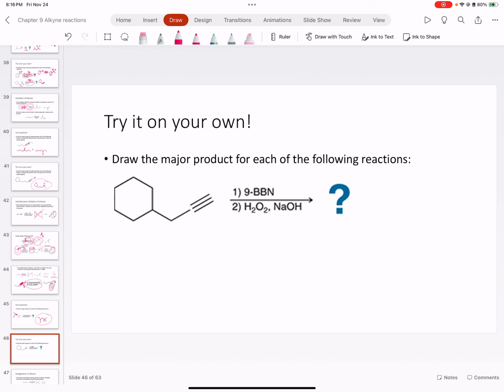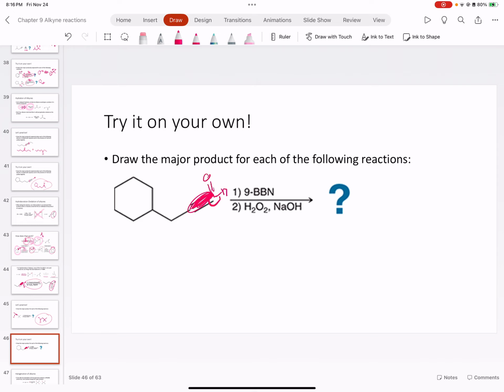Like I said, 9-BBN or BH3, they're the same, so don't overwhelm yourself. We're just going to be creating an aldehyde. Okay, perfect. Taking that into account, we're just going to be converting that triple bond to a single bond.